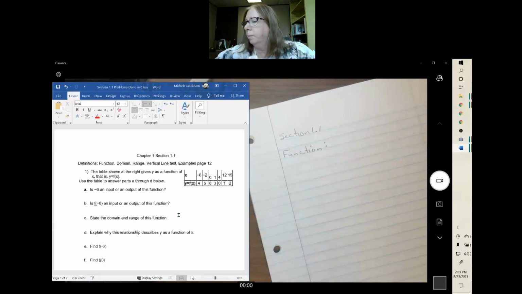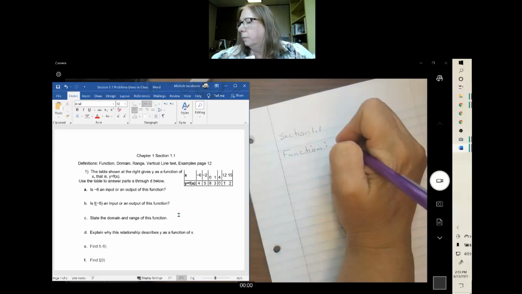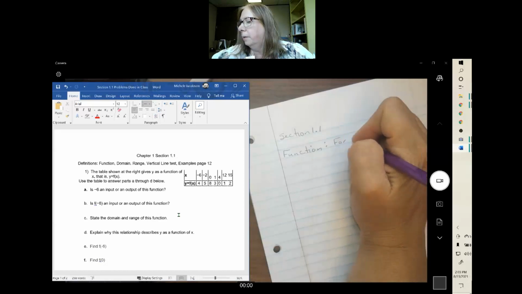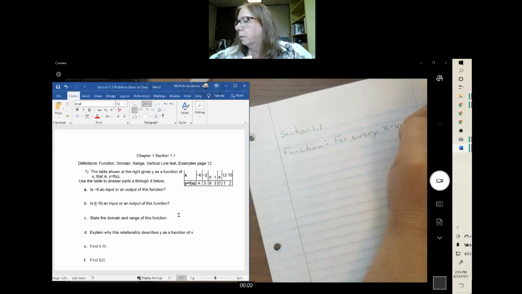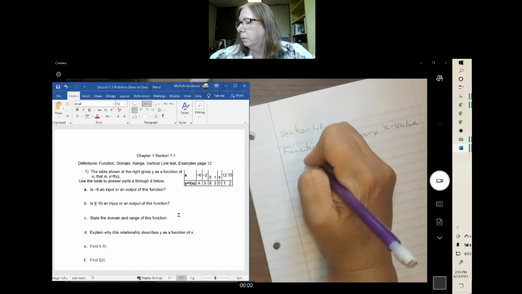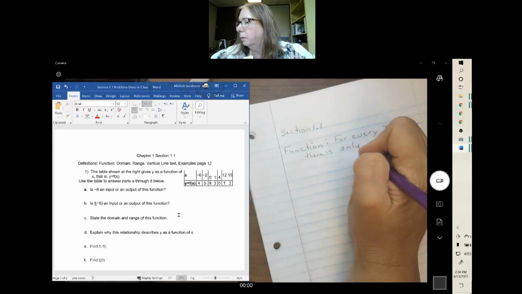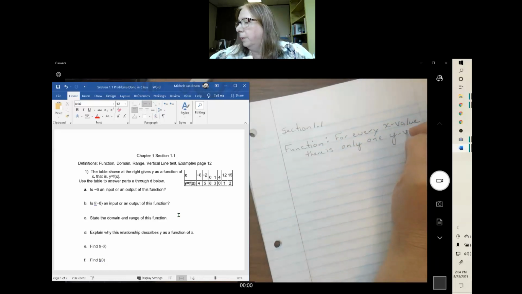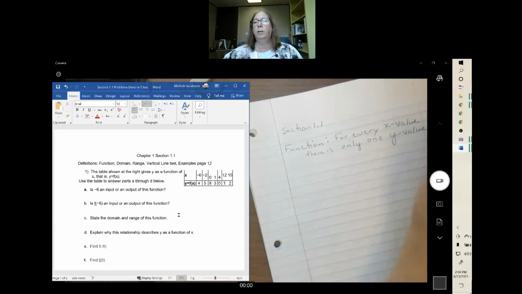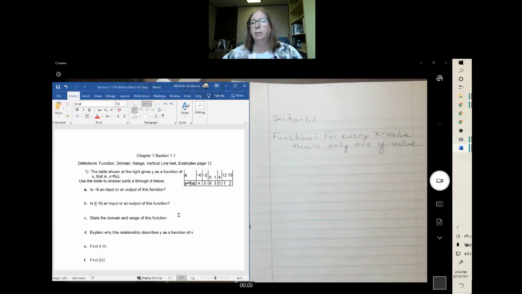A function, the definition is for every x value, there is only one y value. So the x value does not repeat.